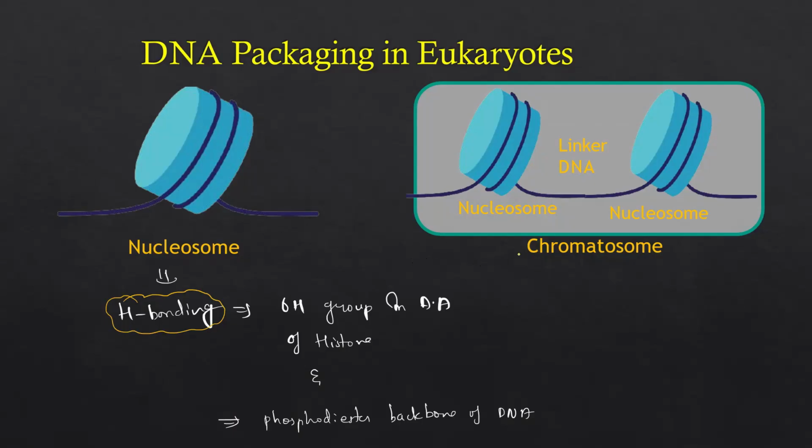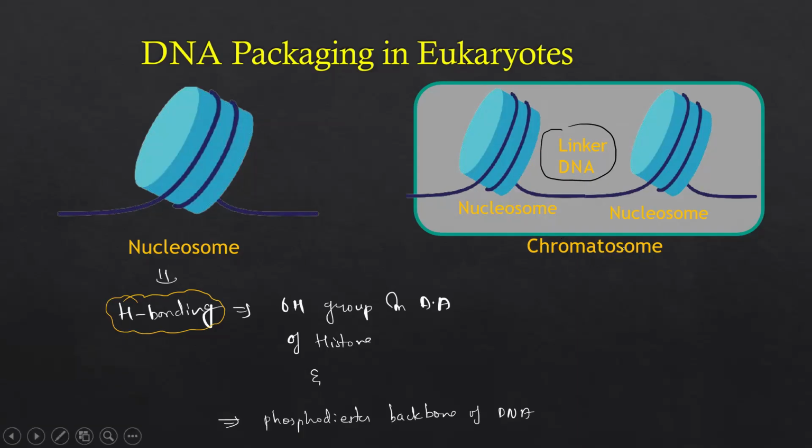So see here, between the two nucleosomes, whatever the length of this DNA that is there, we call it the linker DNA. So linker DNA is nothing but the DNA strand that is extending from one nucleosome to the other nucleosome in a chromatosome. Remember this.